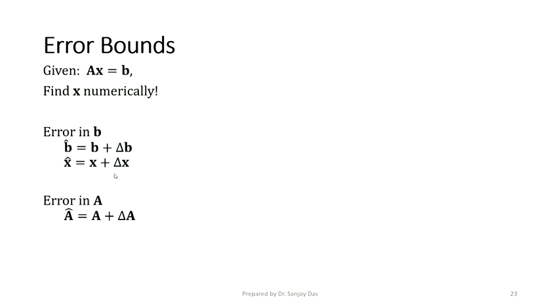Again, we'll get an error in X. X hat is X plus delta X. So in both cases, we get errors in X. This is the real solution. With the real A and the real B, no perturbations, we would get the real value of X. But due to either the presence of a perturbation delta B or a perturbation delta A in A, we get some other value of X, which is X hat.